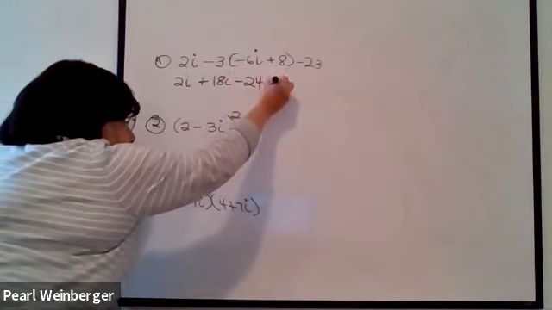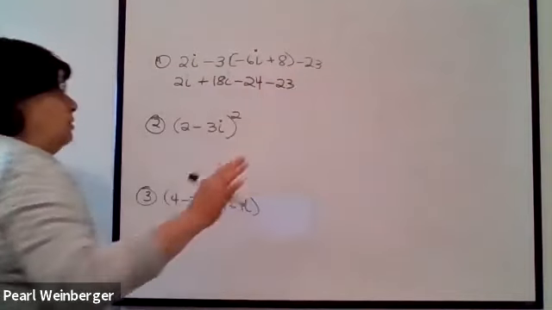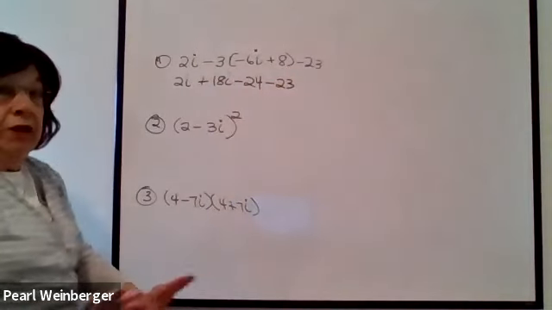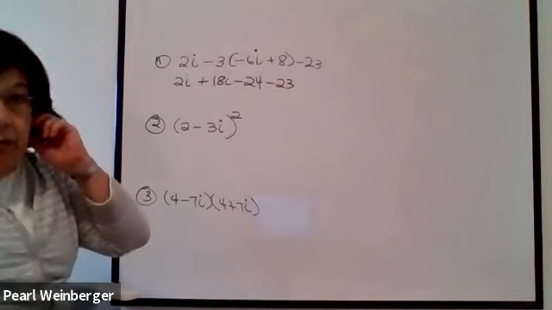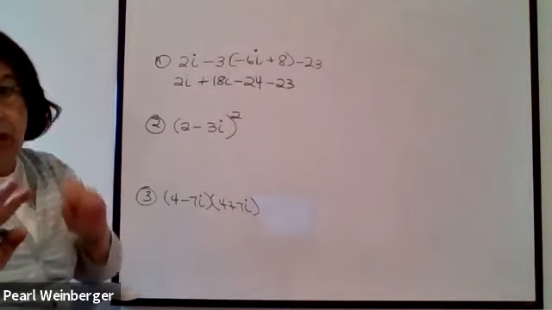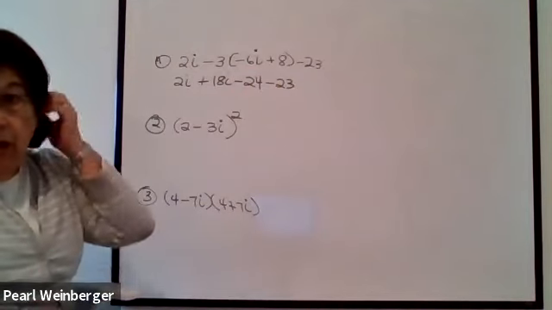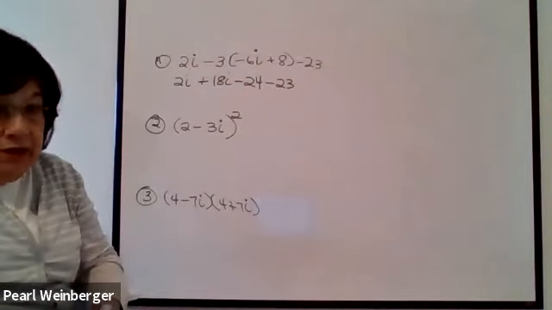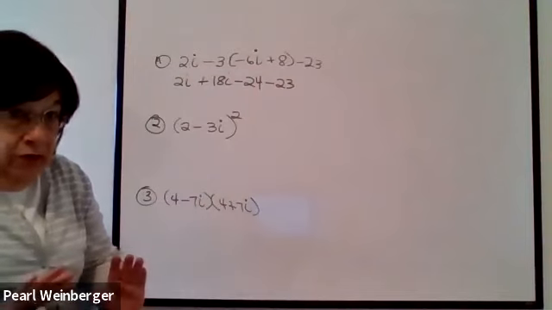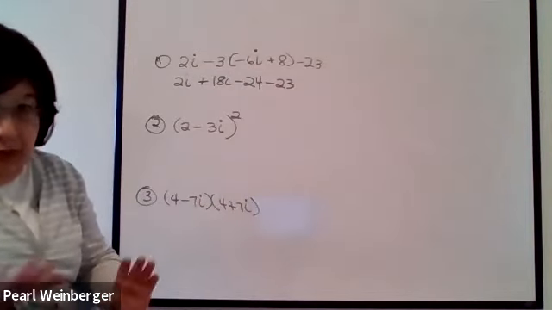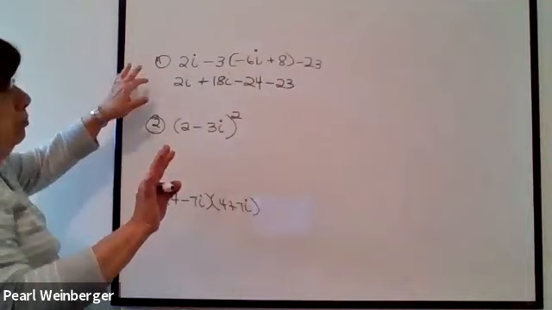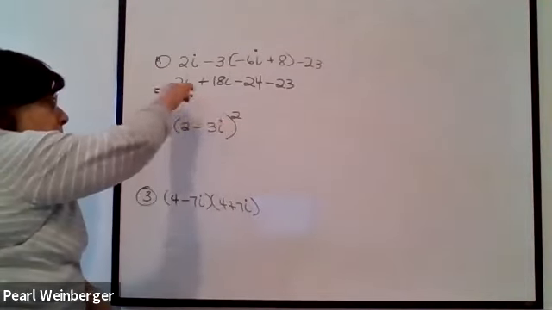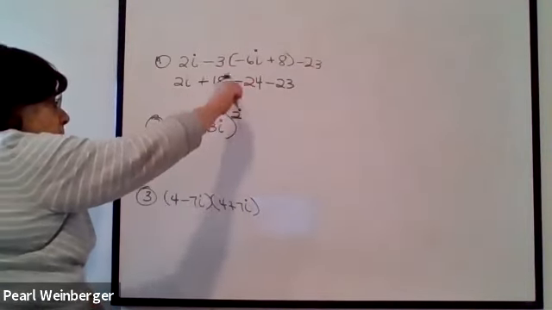And minus 23. It's regular algebra. Treat the i's like regular variables, except when it comes to an i squared, or even an i cubed, because you can break an i cubed into an i squared. And if you can break something down with an i squared, do it. Otherwise, it's just like a regular variable.